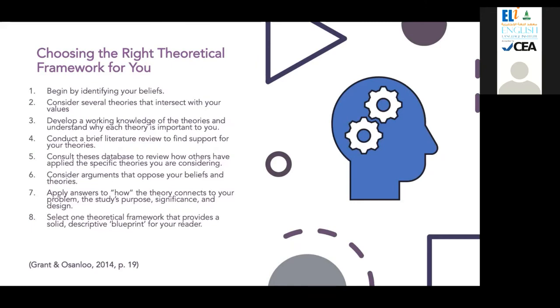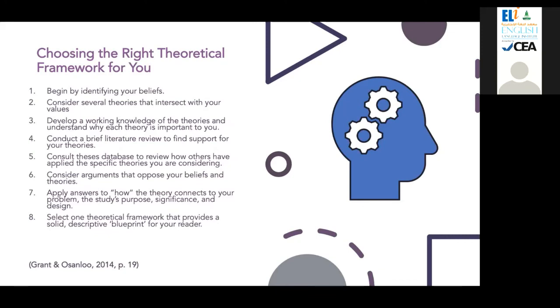Now, from my experience, I find that lots of students find it really difficult to connect the theoretical framework with their study. So what they do is they just provide the theoretical framework, describe it, and don't say anything else. But this is not recommended, and this actually weakens the research.